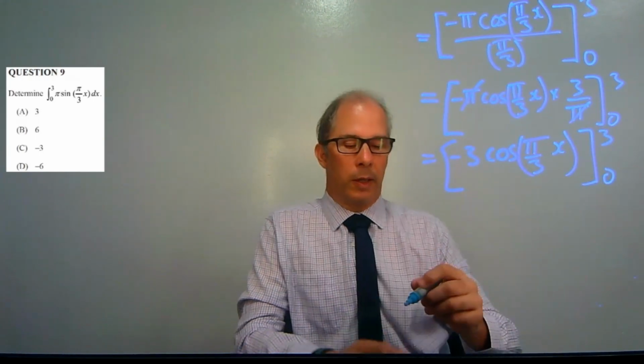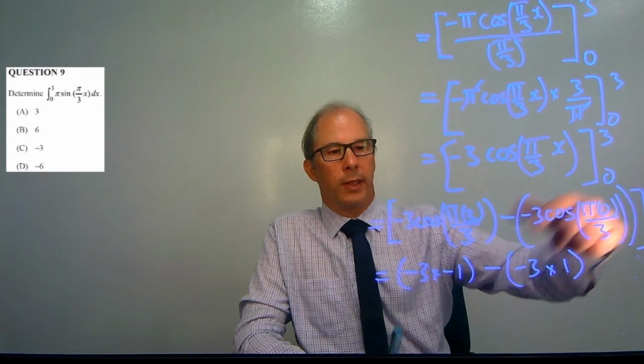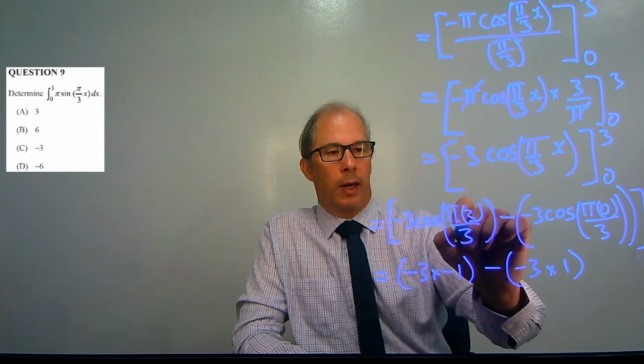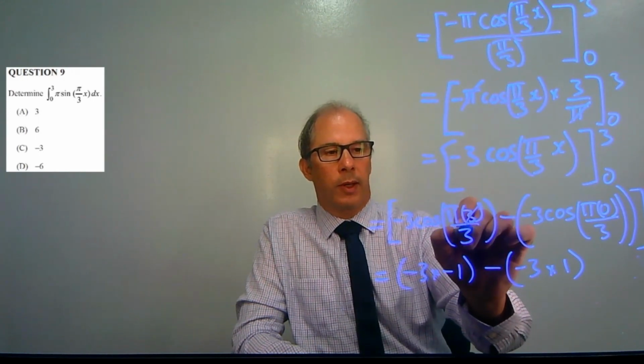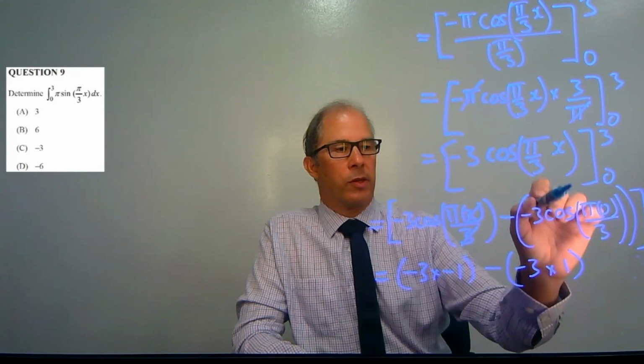So there's my integration there. Once you do that substitution, you get negative 3 cos pi, because the 3s will cancel here, and this will become negative 3 cos 0.